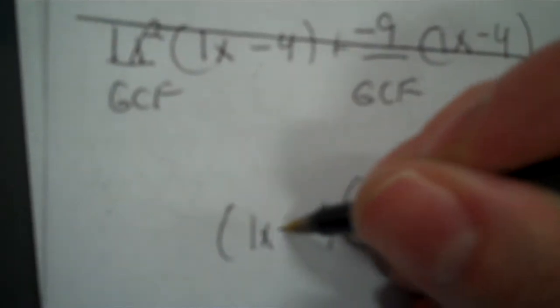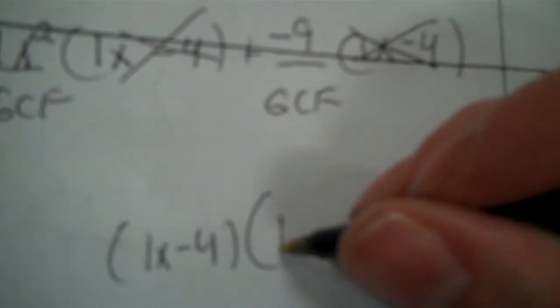So that's going to be 1x minus 4. You've got 1x minus 4 in each parentheses. So you have 1x to the 2nd minus 9.